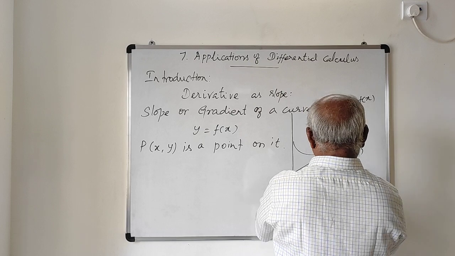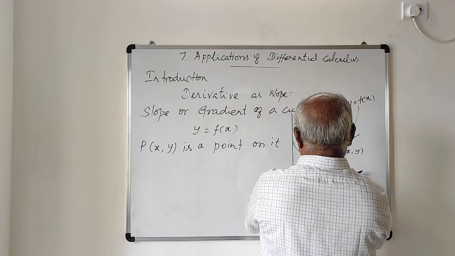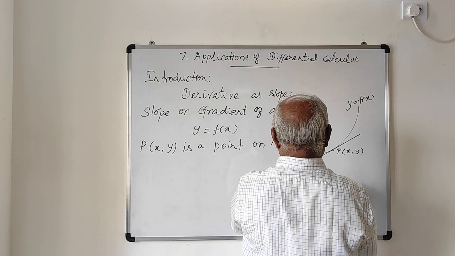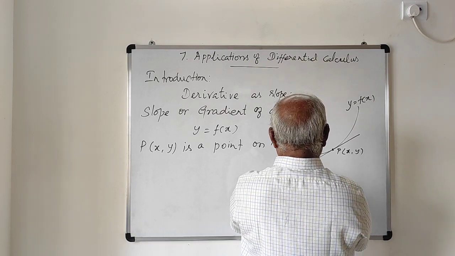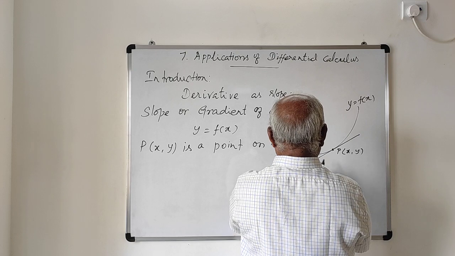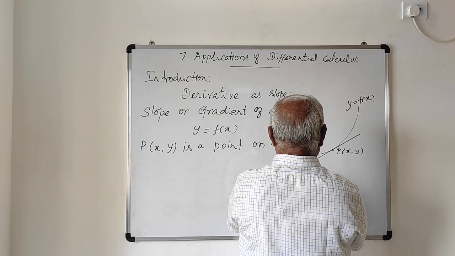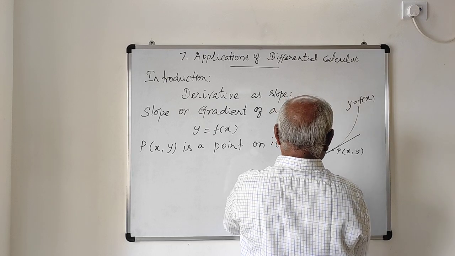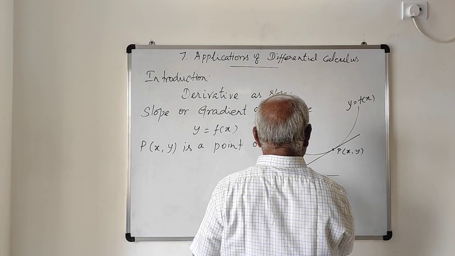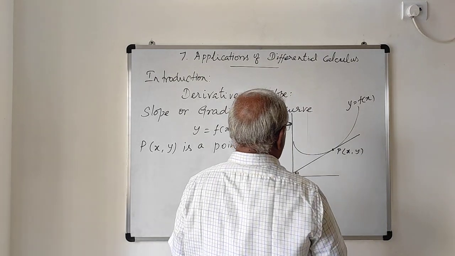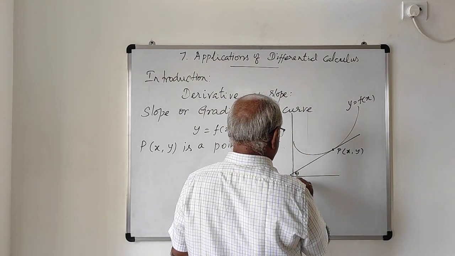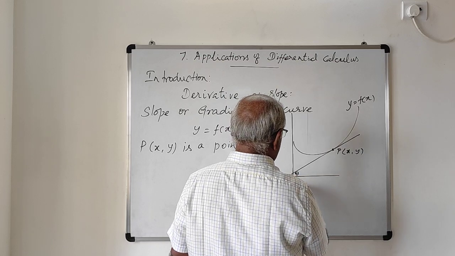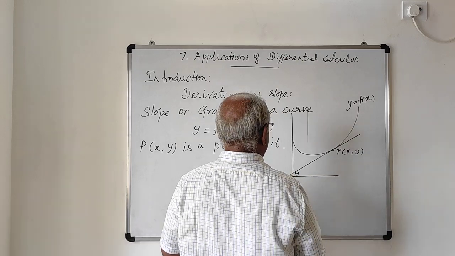This is the y-axis and this is the x-axis. This is angle theta, the angle made by the tangent to the curve with the x-axis.